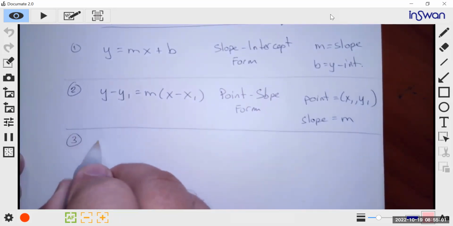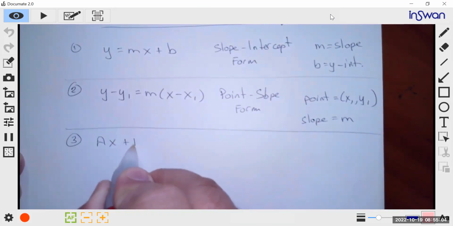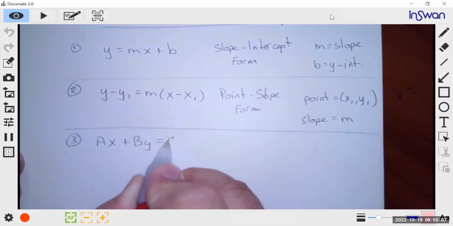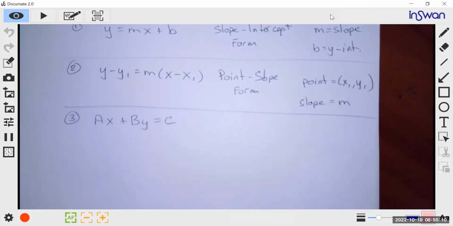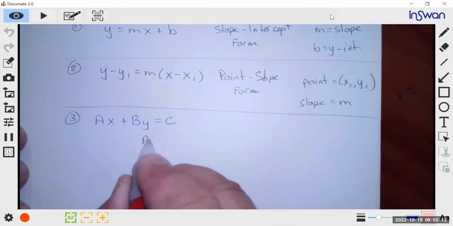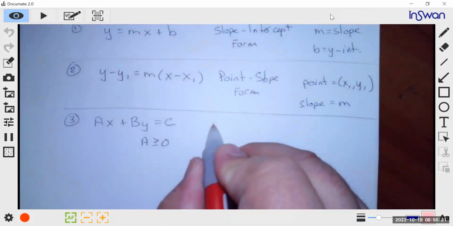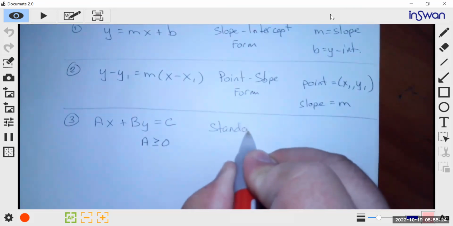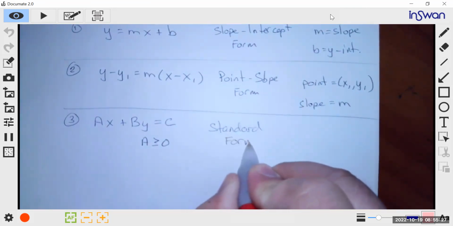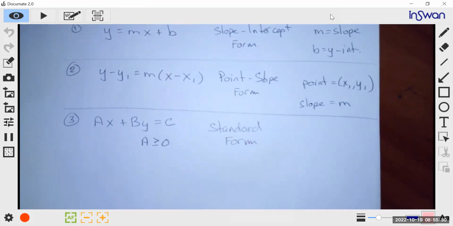The third type, ax plus by equals c, where a has to be positive, is called the standard form. And the x and y intercepts are found.